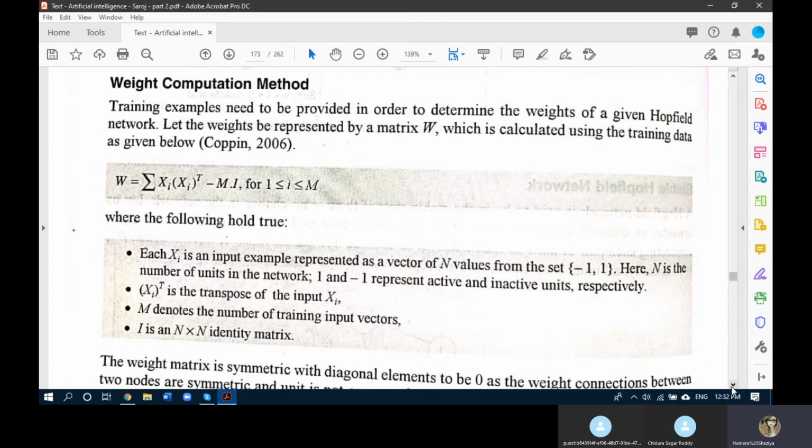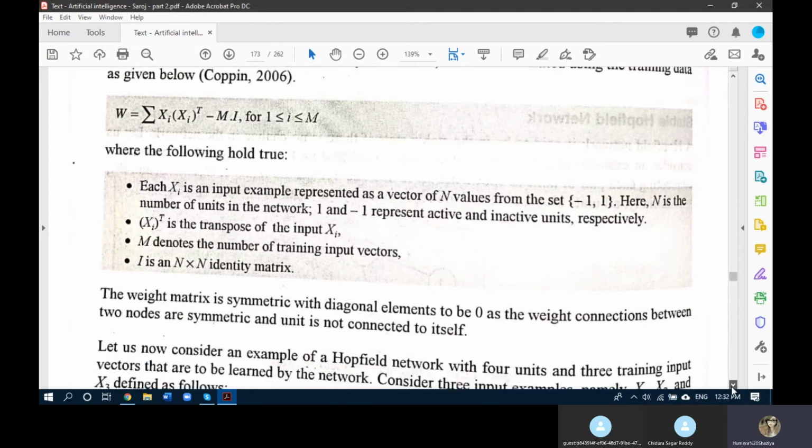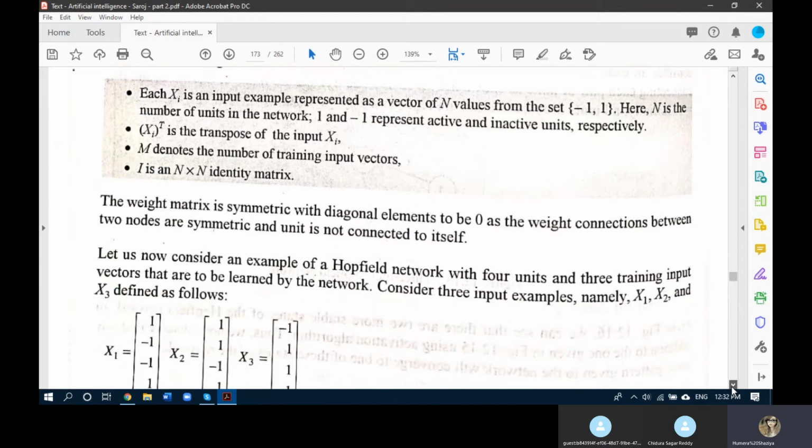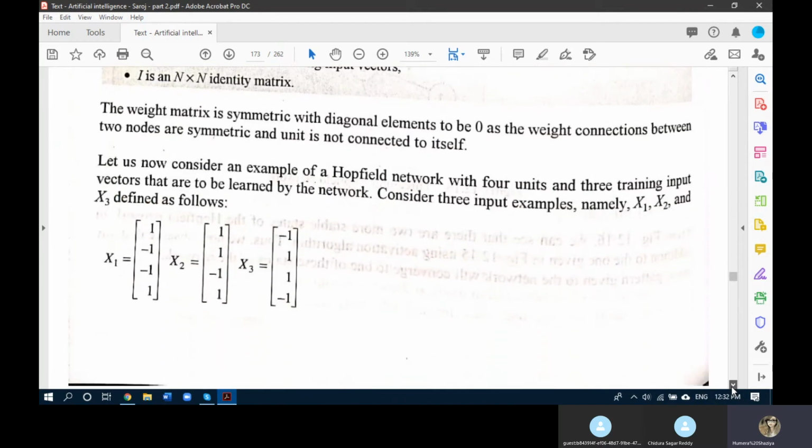N is the number of units in the network. And the diagonal matrix will have a value 0 because a unit cannot be connected to itself.